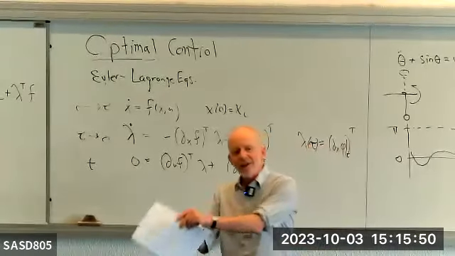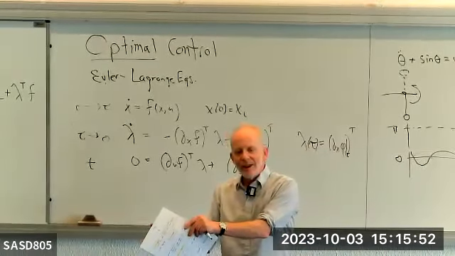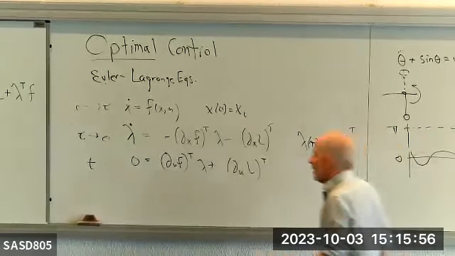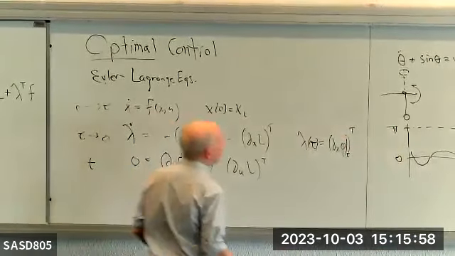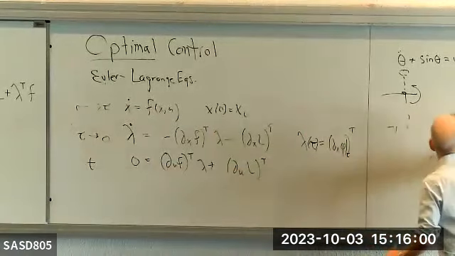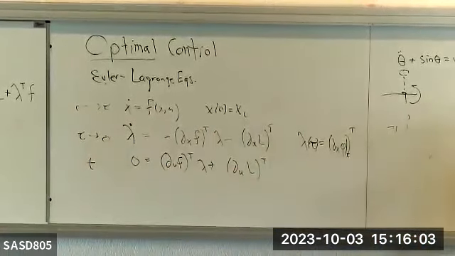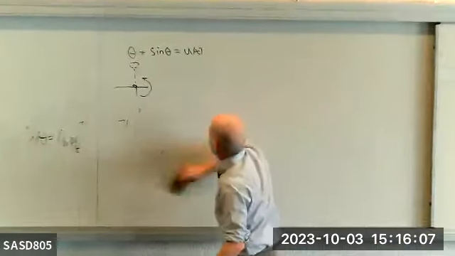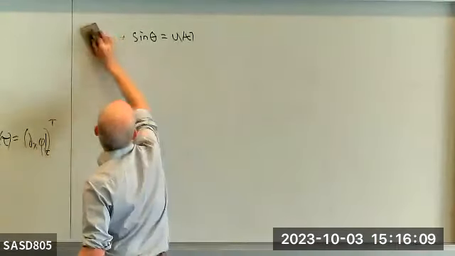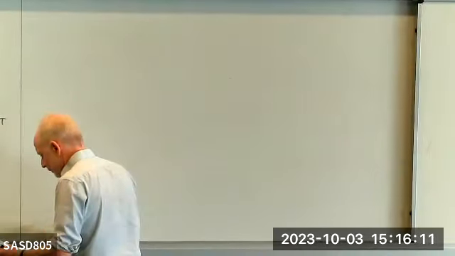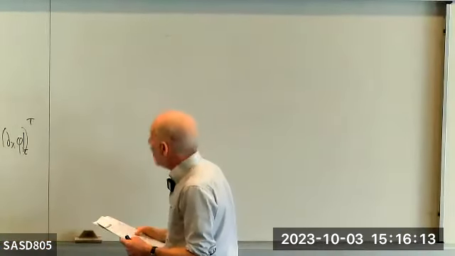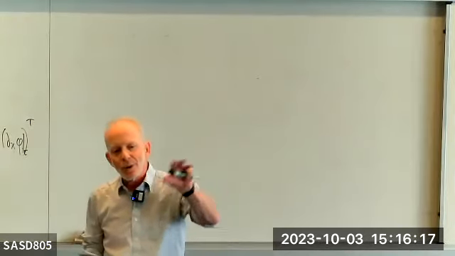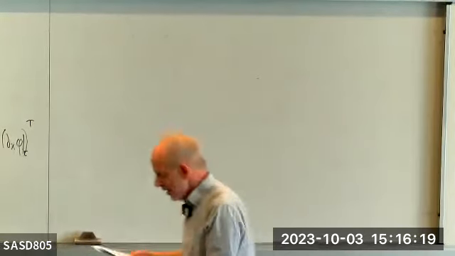So I want to go back to the linear dynamical system and look at what these equations say. So it's linear dynamics and also quadratic costs.